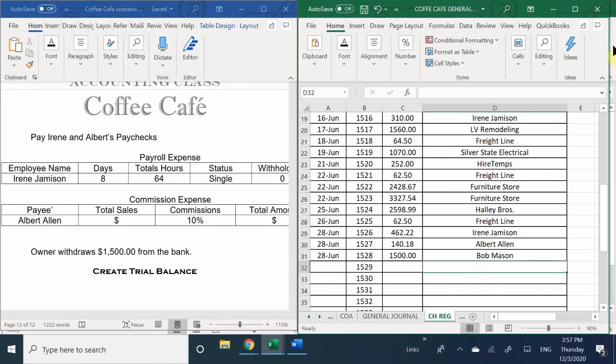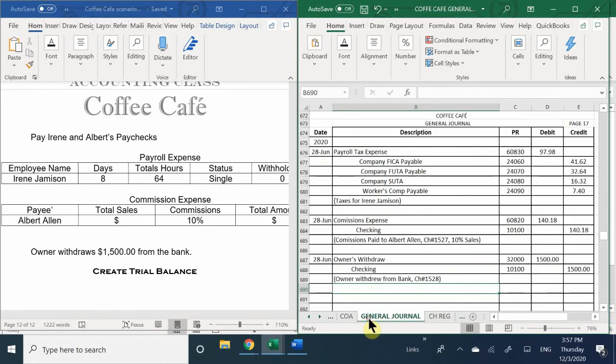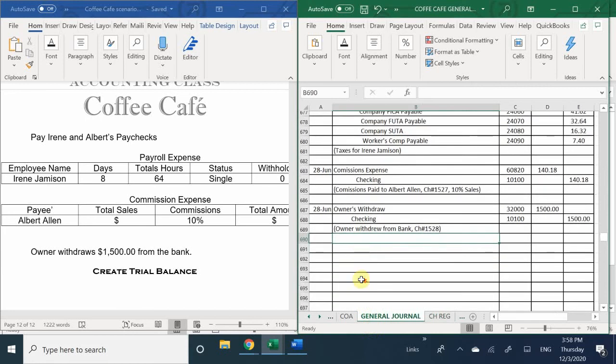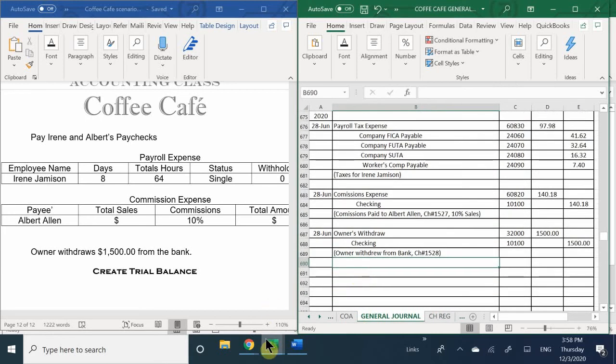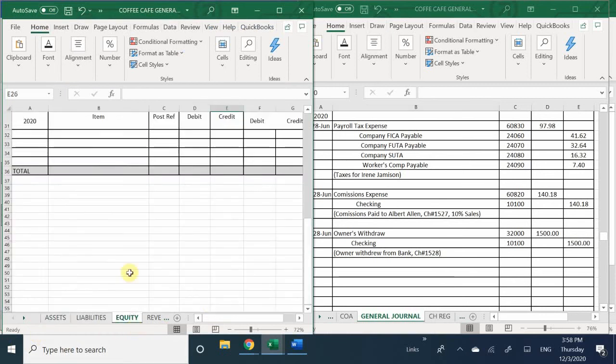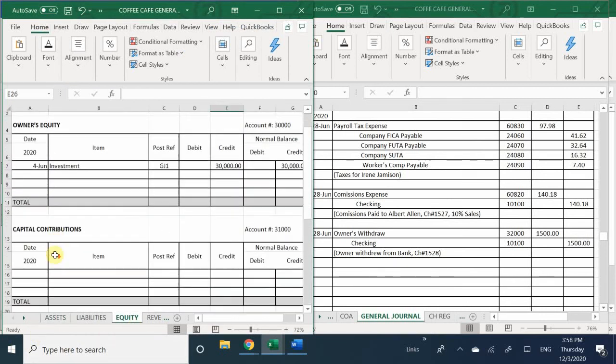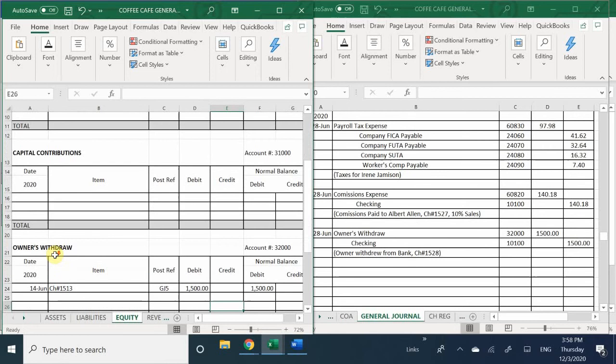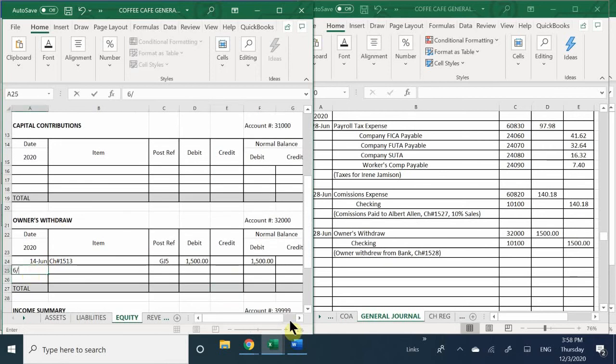So we are going to go to the ledger, and we'll go under the equity tab this time, under the owner withdrawal. And the date, and then again the check number 1528, general journal 17. 1500.